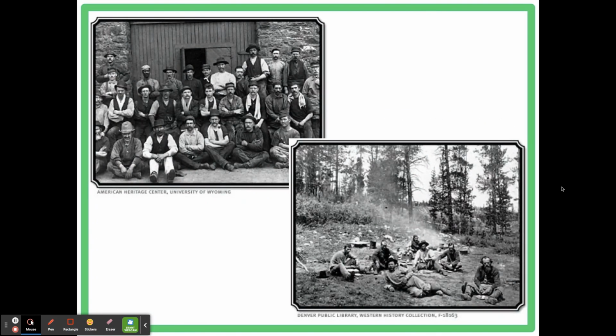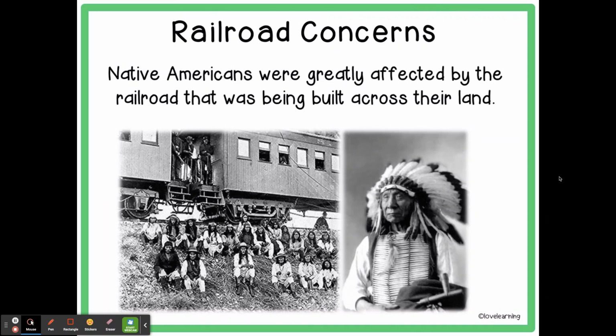So here's a couple of pictures of workers on the Union Pacific Company. These are real photographs from that time. There were some railroad concerns. Native Americans were greatly affected by the railroad being built across their land.